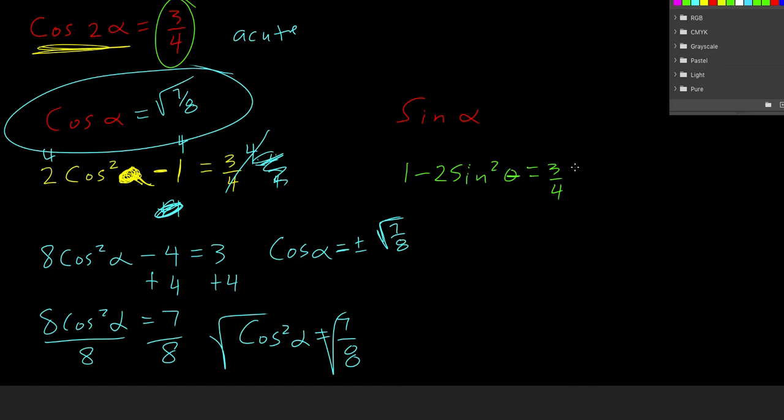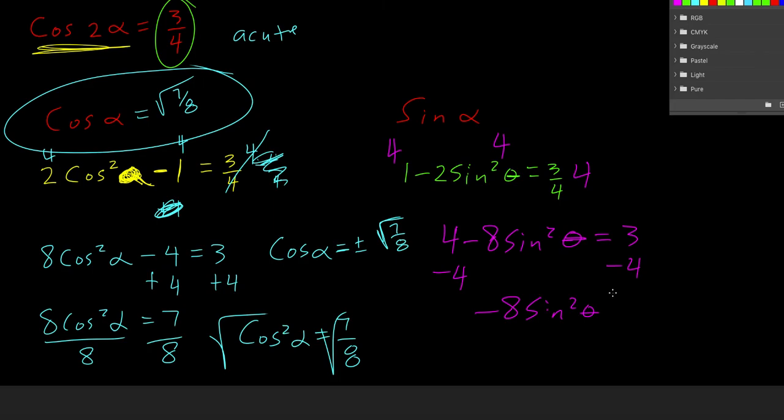Okay, start off similar. We're going to multiply everything by 4 to clear the fraction. And so that's 4 minus 8 sine squared theta equals 3. We're going to subtract 4. Negative 8 sine squared theta is equal to negative 1. Divide by negative 8. Negatives cancel, so we get sine squared theta is equal to 1/8.